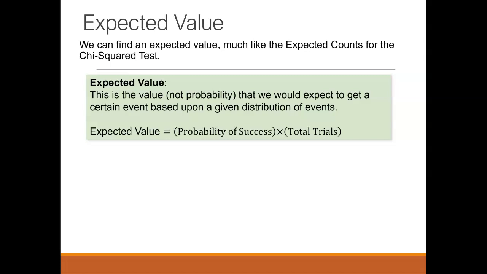That's the expected value. If you rolled one die 60 times, how many times would a 5 show up? 10. So it's just the probability of it times the number of trials. That's all we're looking at here. Is that okay with everybody? Okay.